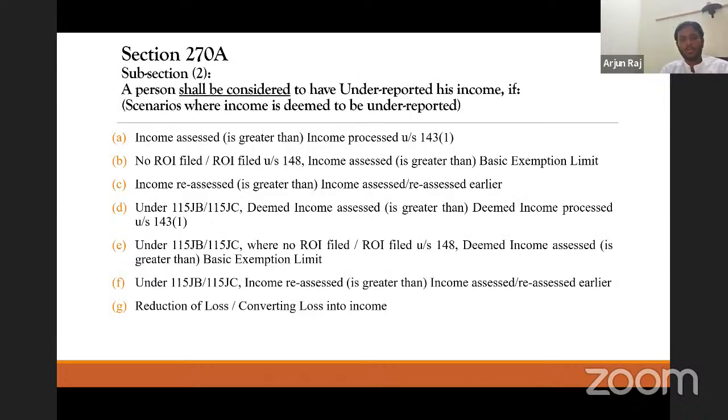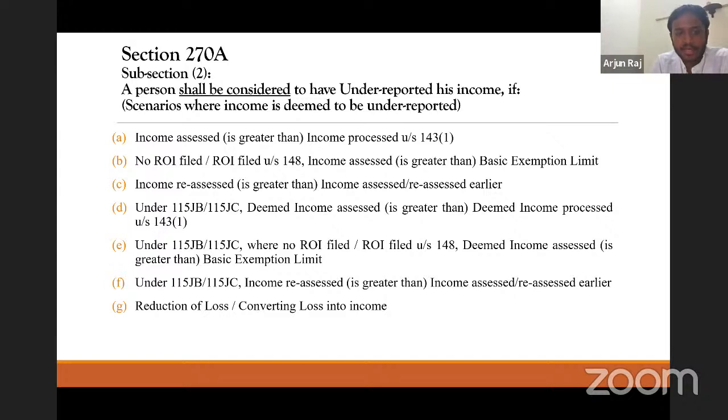Now, coming to subsection 2, it talks about scenarios where the person shall be considered to have underreported his income. So, the wording used here is 'shall be considered to have underreported'. These are the scenarios which are deemed to be underreporting of income. Once this scenario gets attracted, automatically there is an underreporting of income by an assessee.